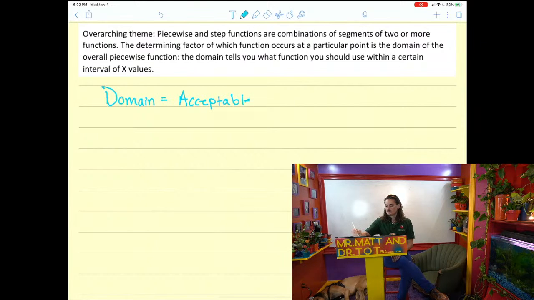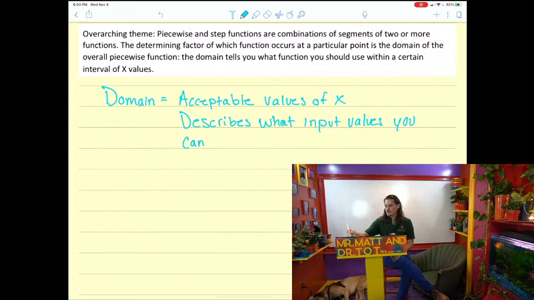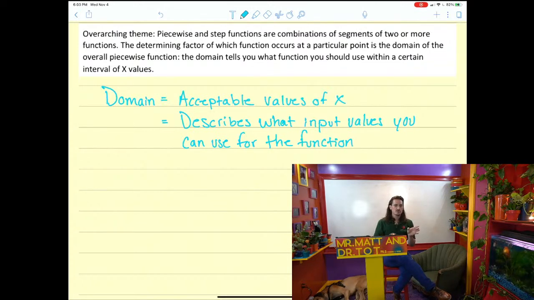In other words, it describes what input values you're allowed to use. And what we're going to see is that the result of this is you're going to have a whole bunch of different functions, like I said before, just particular sections of a function pasted next to another particular section of a different function.